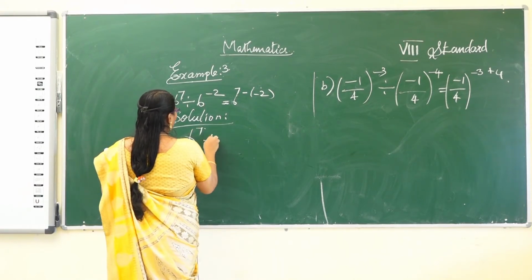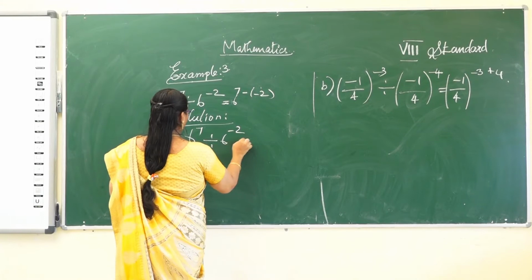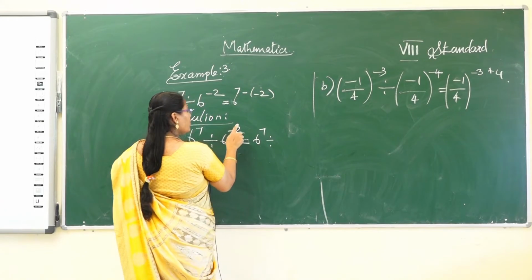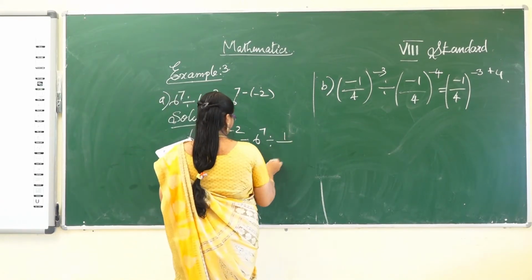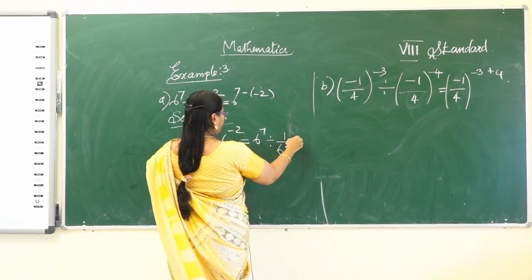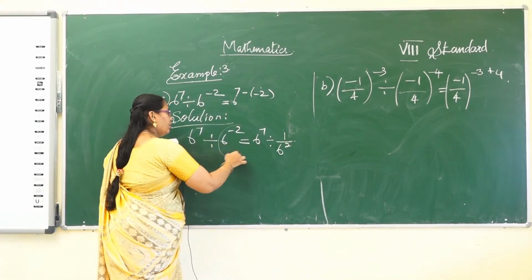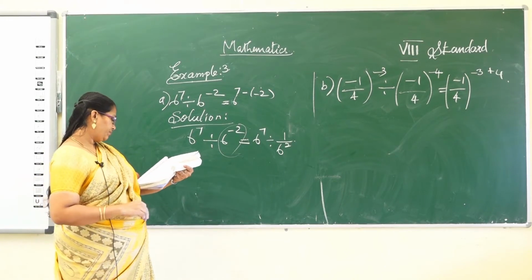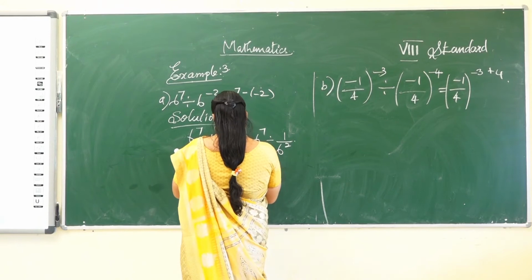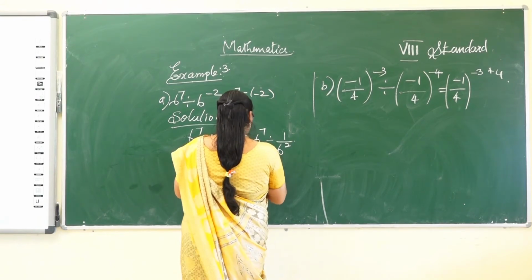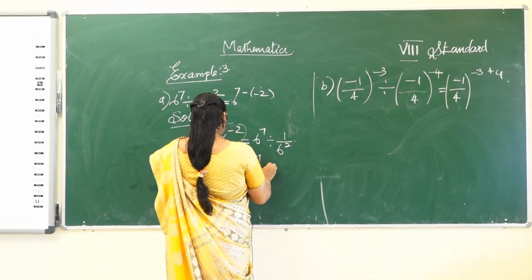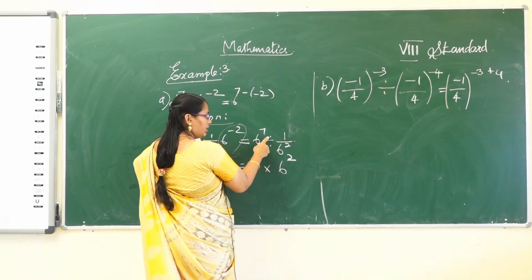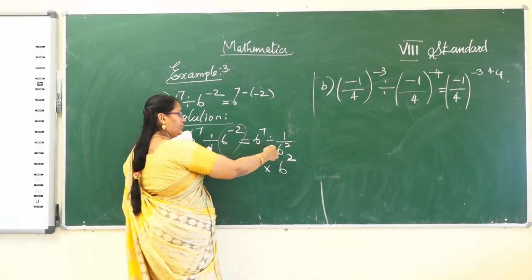6^7 divided by 6^-2. Write 6^-2 as 1 by 6^2, since a negative exponent changes to positive. Next, 6^7 is in division, so change it to multiplication and write the reciprocal of 6^2.